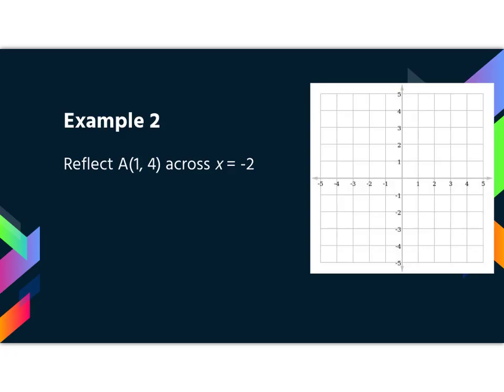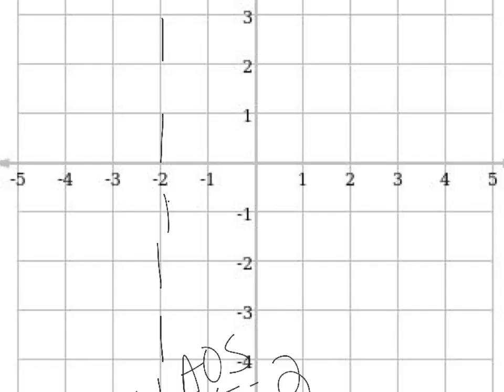Now we're going to see an example of reflecting the same point, but across a vertical line. Notice that every time I'm graphing my axis of symmetry, I also include arrows on either end. That's because the axis of symmetry is a line, so it continues on in both directions, and that's what those arrows signify.